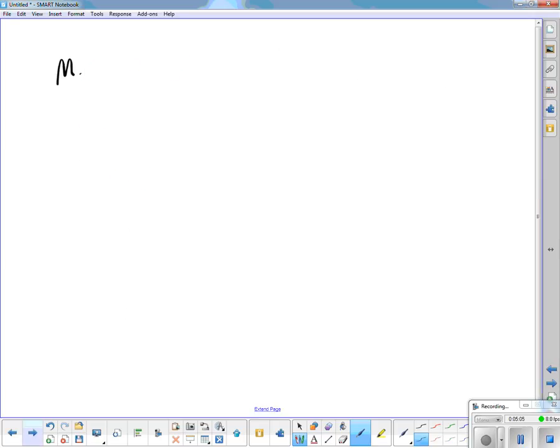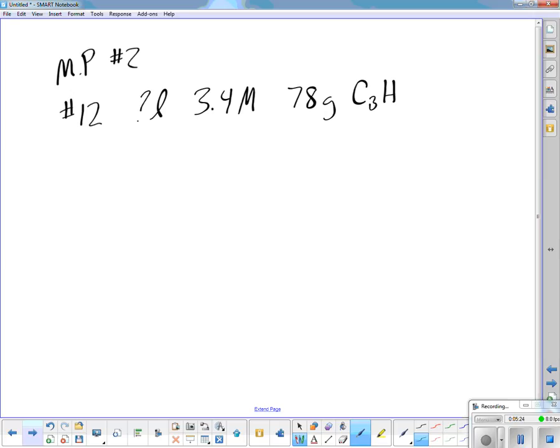Okay, molarity practice number 2, problem number 12. What does it say? C3H8O. Okay. All right, so molarity, if you remember right, is moles divided by liters, right?